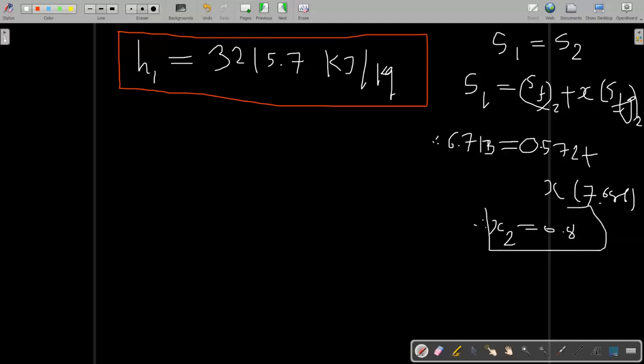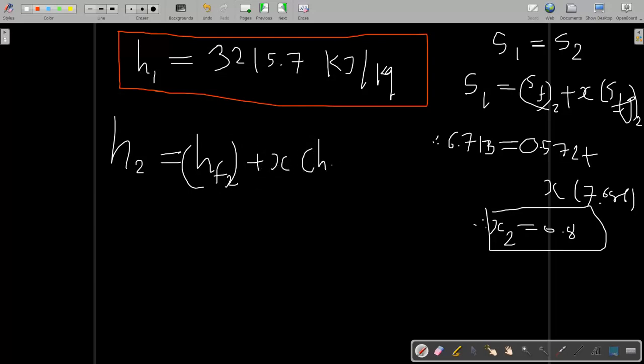Now put it in the equation of enthalpy: H2 is equal to HF at point 2 plus x into HFG, or you can say Hg minus HF.